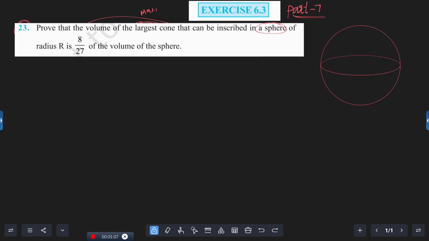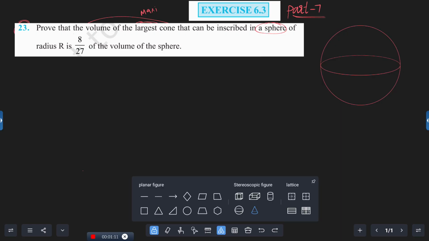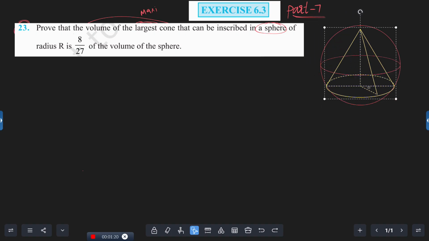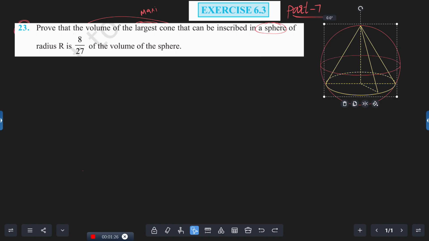Okay, inside the sphere there is a cone. So let me take the cone. Inside there is a cone, they said. So like this. Okay, listen carefully.